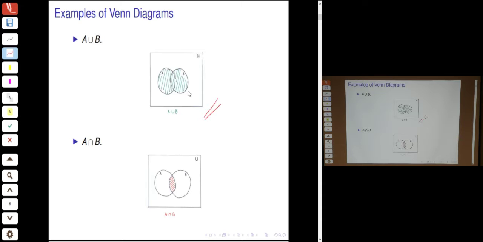If A and B are two sets, then the union is the shaded region in green, and the intersection is the shaded region in red. The union has elements which are either in A or in B, so everything combined in A and B, shown in green. A intersection B is both in A and in B, so it is much smaller. It is the intersection of the two disks A and B, the shaded area in red.